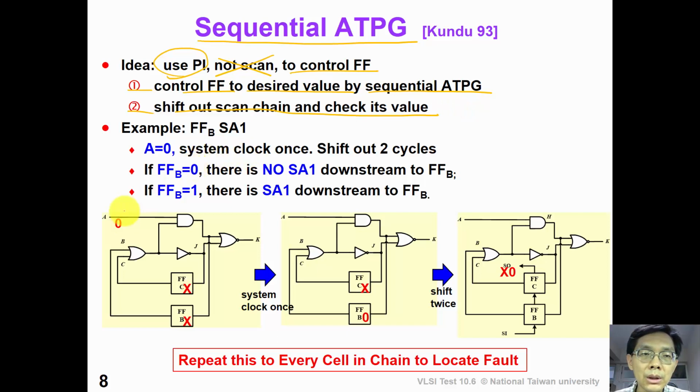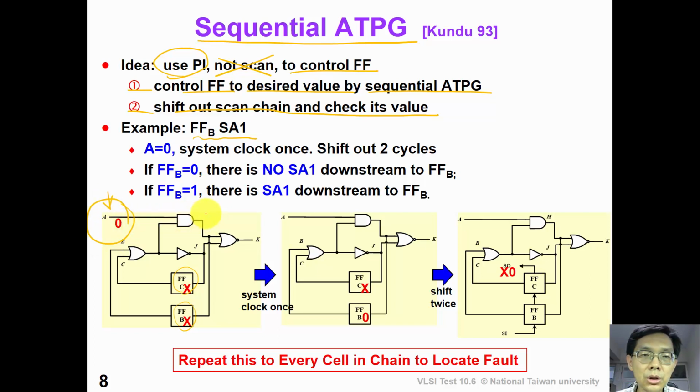For example, given this sequential circuit, there are 2 flip-flops, flip-flop B and flip-flop C. Suppose we want to detect if there is any stuck-at-1 fault downstream to flip-flop B, then we would need to control flip-flop B to 0. So, in the first cycle, we set the primary input A to 0.